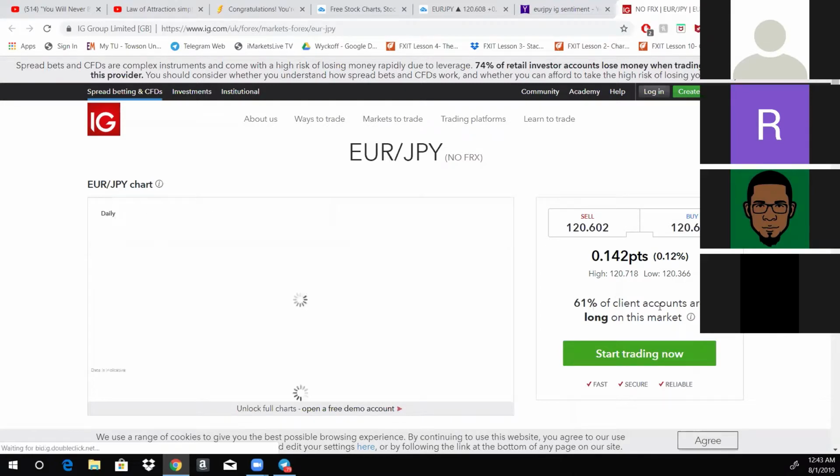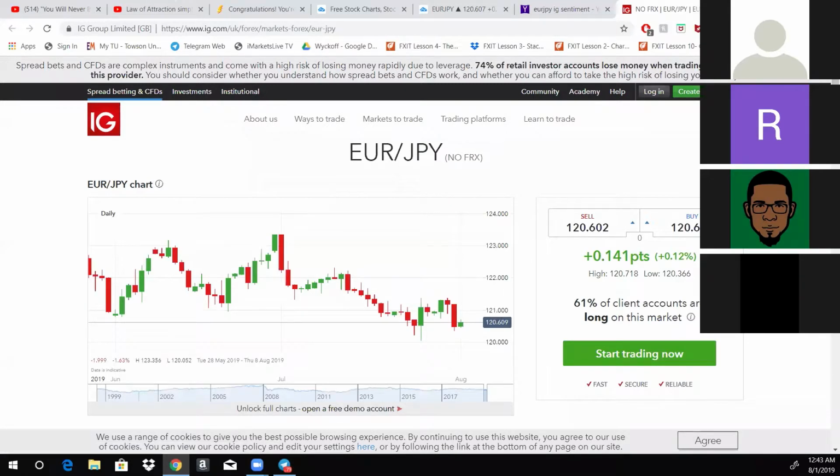It says 61% of the clients are long on this market. Told you, people are diving into this buy, but it's not gonna work out for them. Is it usually the reverse on this website? That I've seen you use before. Yeah, I like this number when it's between 60 and 70%, which is now 61.